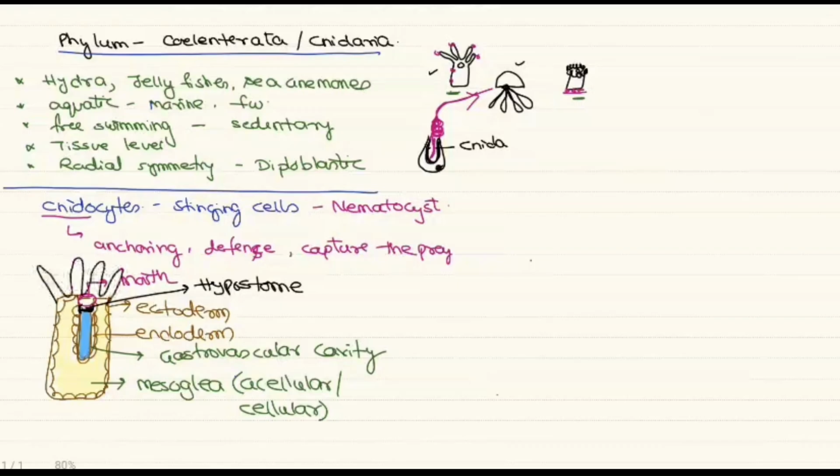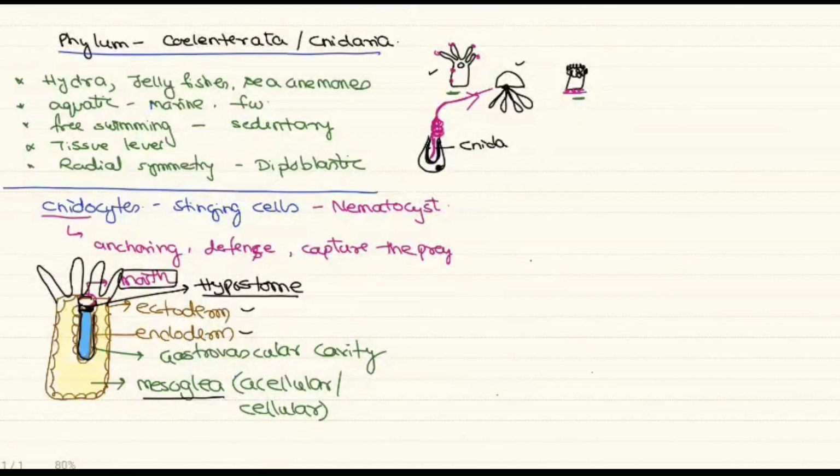So structure of Hydra: Hydra has two layers, ectoderm and endoderm. The gap is filled with the mesoglea, maybe cellular, maybe acellular. The inside cavity is called the gastrovascular cavity, as it helps in the digestion process as a stomach. It also helps in circulation. A single opening is called the mouth, and the mouth is present on the hypostome.